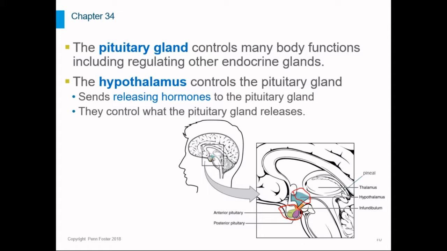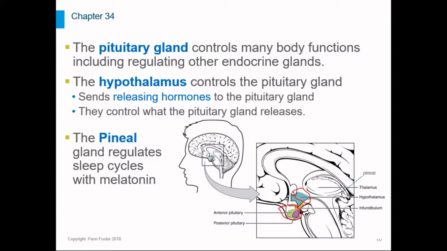So the hypothalamus controls the pituitary, which controls the rest of the body. Then you also have the pineal gland, which is back here in the brain, which regulates the sleep cycles with a hormone called melatonin.